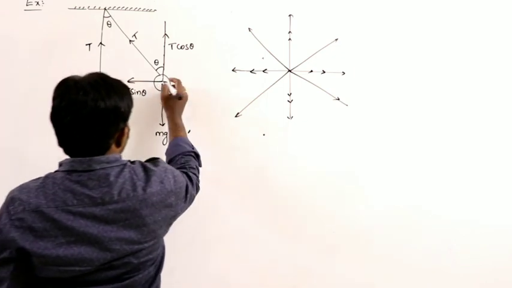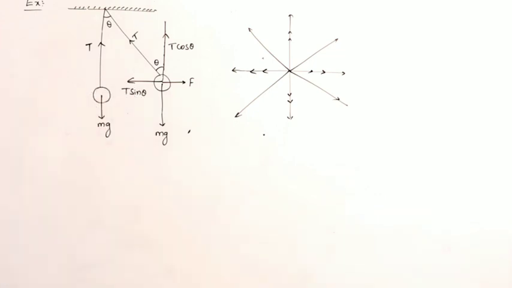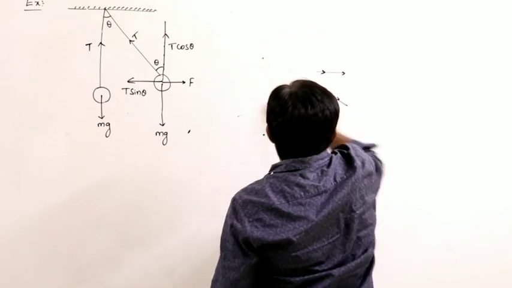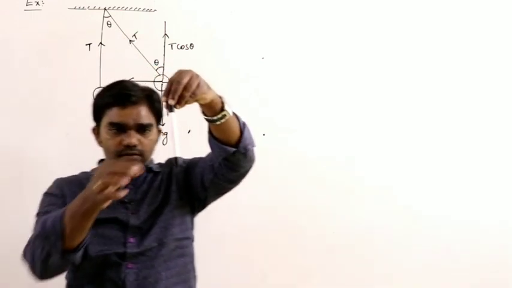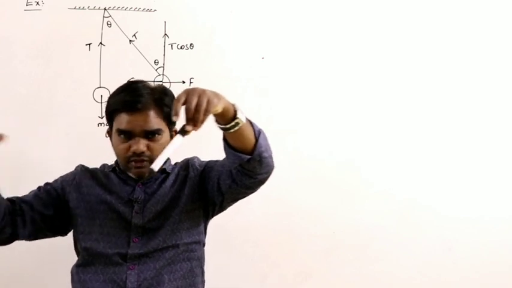The string can be displaced with the help of an external force. Without an external force, the string cannot be displaced. See here, this is the string, and only with the help of the external force is it displaced. We are applying the external force here.